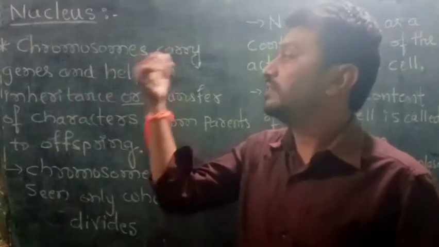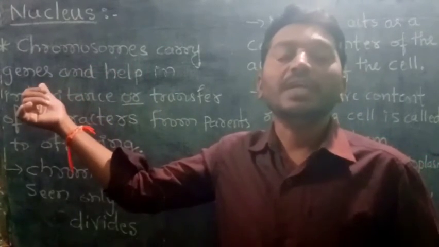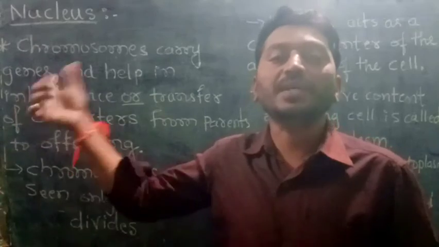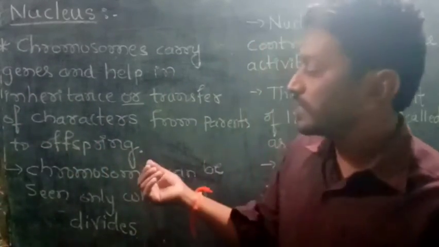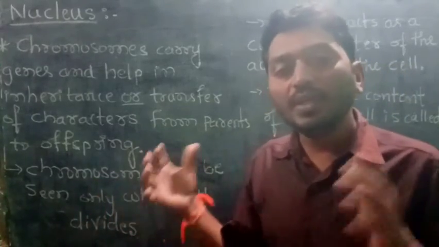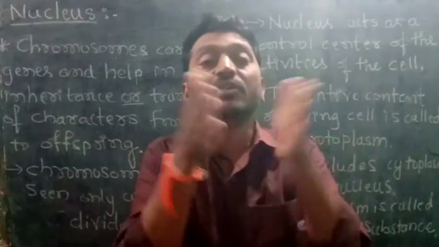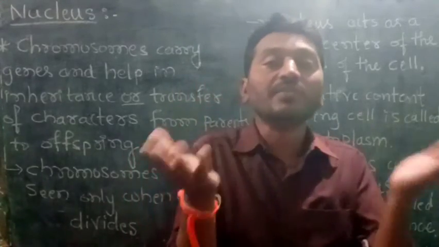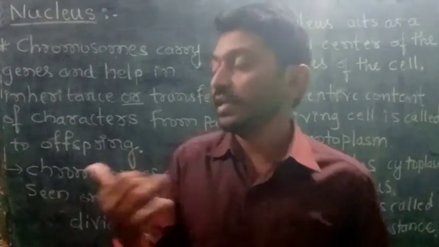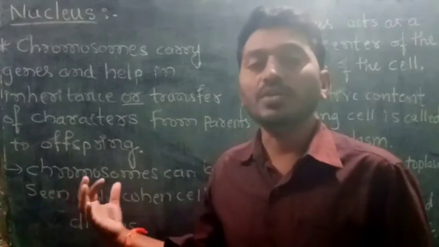That's why genes are very important to every living being to transfer some characters from parents to their children. Next, chromosomes can only be seen when the cell divides. When the cell is going to divide, we can see the chromosomes.